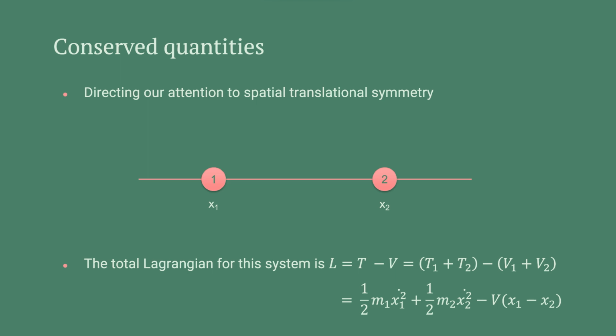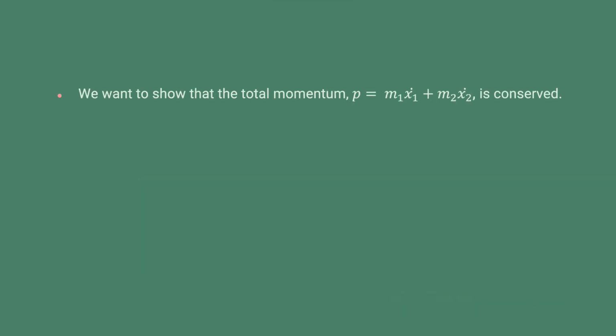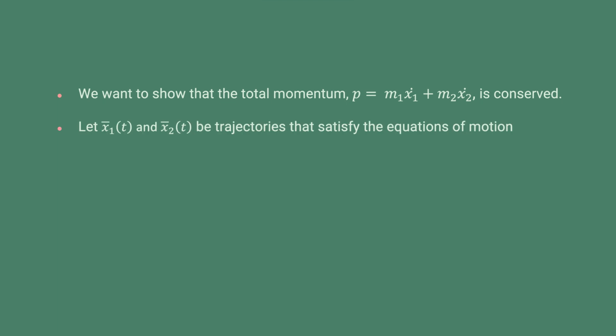And then we're going to subtract from that the potential energy times the difference in location between number 1 and 2. So to show that momentum is conserved, let's let x1 and x2, in this form with the bar above to signify that they're vectors, be trajectories that satisfy the equation of motion.